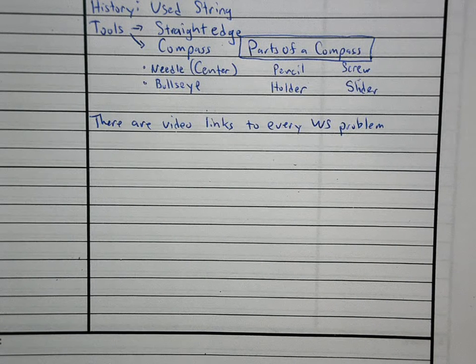If you need to, you can go to the link of how to do it on the worksheet. Because what happens is you're going to follow what I do and say, oh, I can do it when I'm watching Mr. Promo. But when it comes down to you doing it yourself, some of you might forget what am I supposed to do? And that's why I have video links to every single worksheet problem on the worksheet.